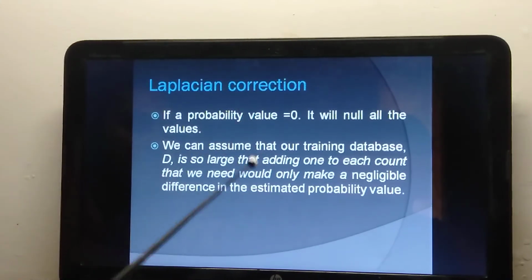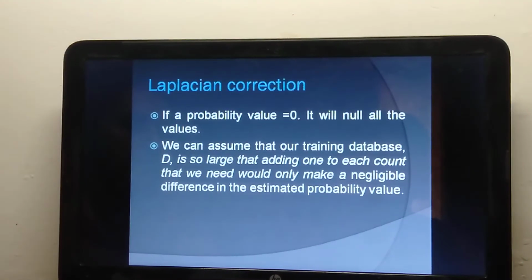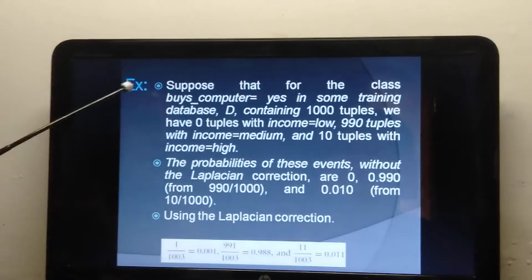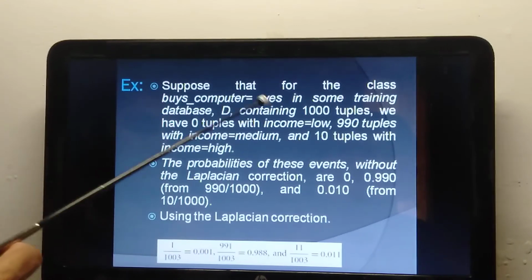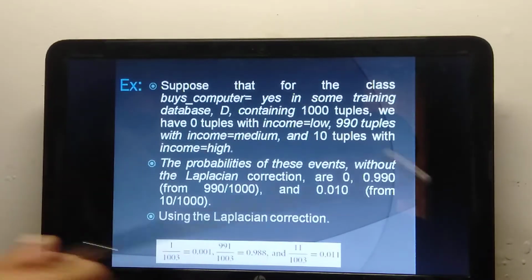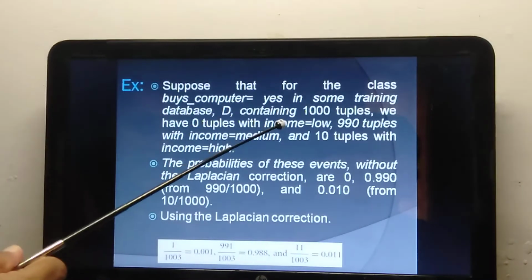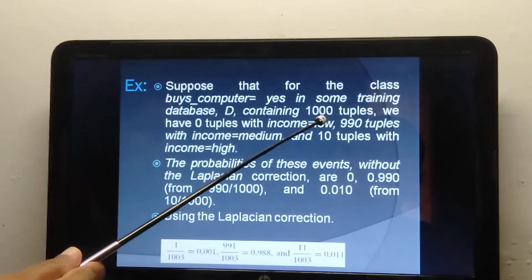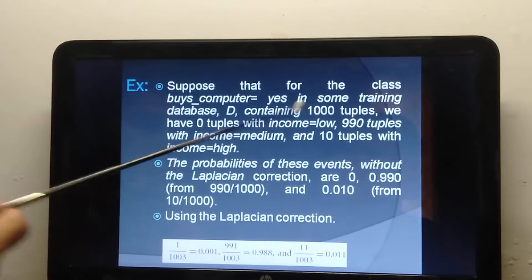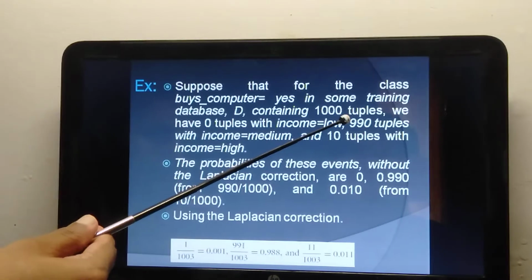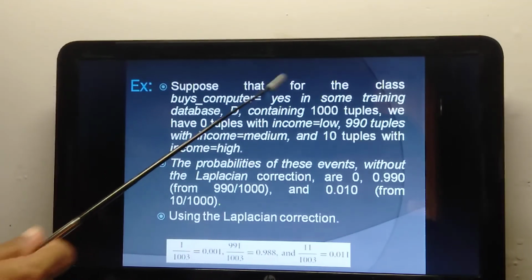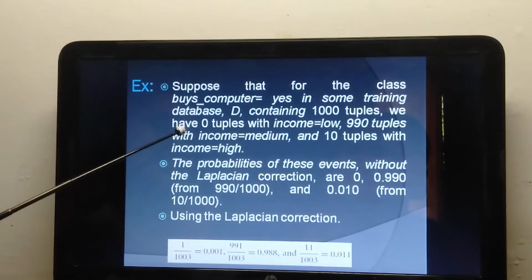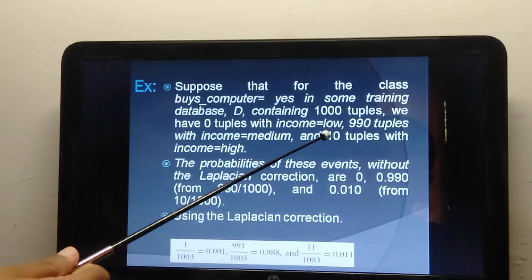Now we are going to look at examples so that you can understand it better. Okay, example, suppose that for the class buys computer is equal to yes in some training database D containing 1000 tuples. Okay, so the whole database has got 1000 tuples, but for the class buys computer is equal to yes, we have 0 tuples with income low.